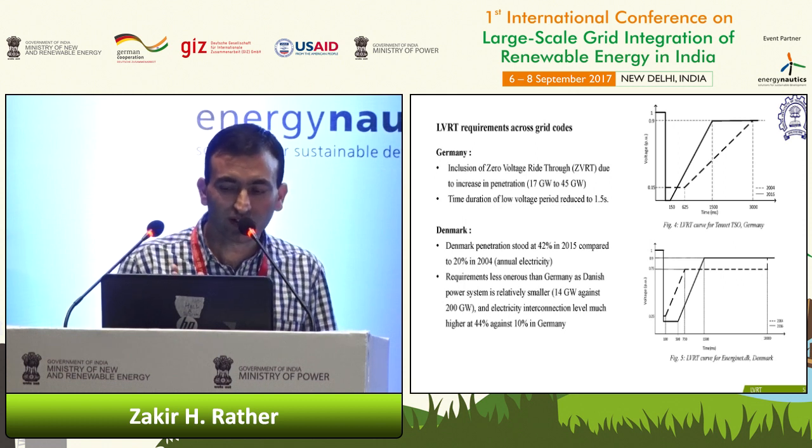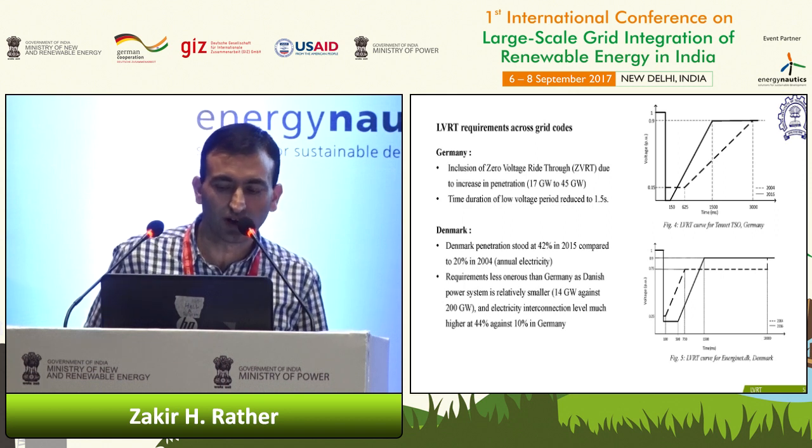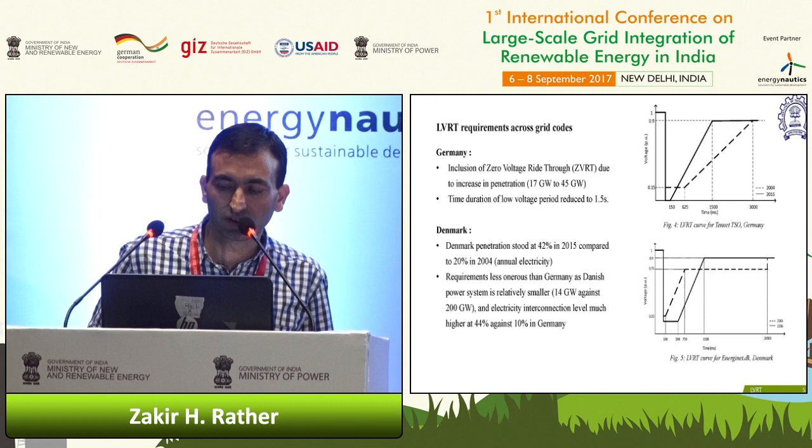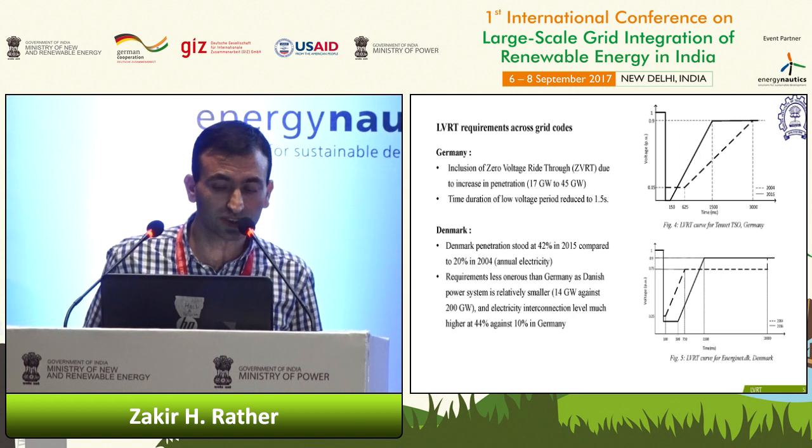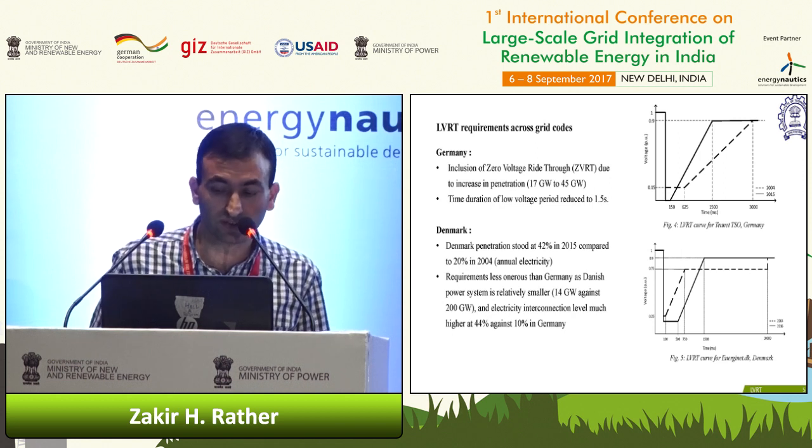If you see, the recovery has improved over the years. For the past one, the 2016 grid code requirement, the recovery time is up to 3 seconds, while now it is faster, 1.5 seconds.